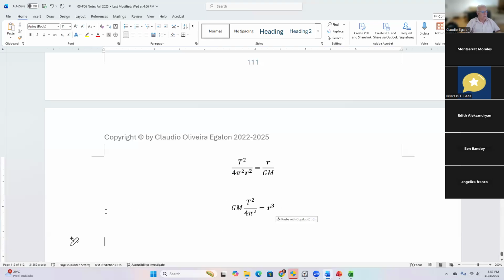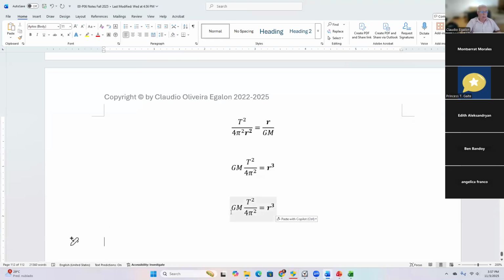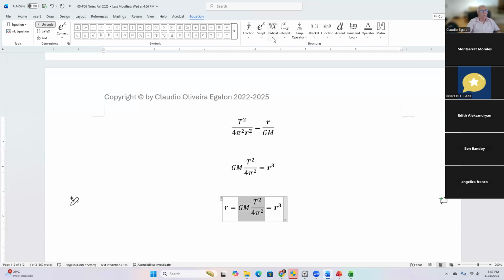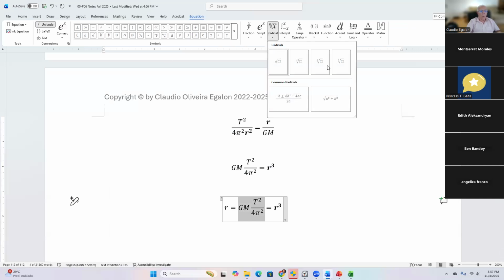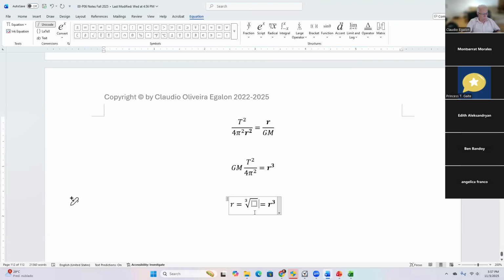R cubed. And then what we're going to have is the cubic root of this term that you see right here.